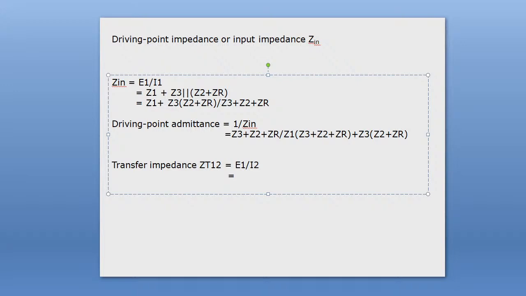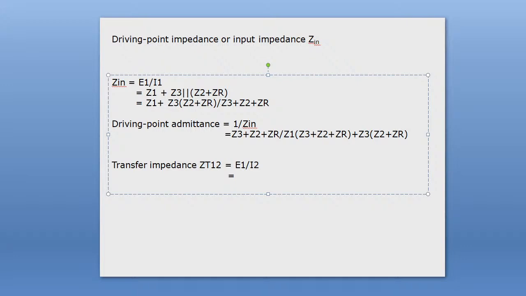So what is your first approach? Everyone first write the KVL, write the mesh equation for loop 1 and loop 2. Mesh equation means you apply Kirchhoff voltage law.